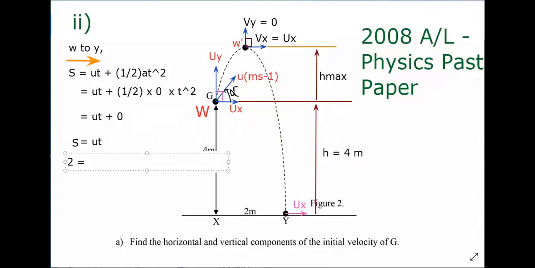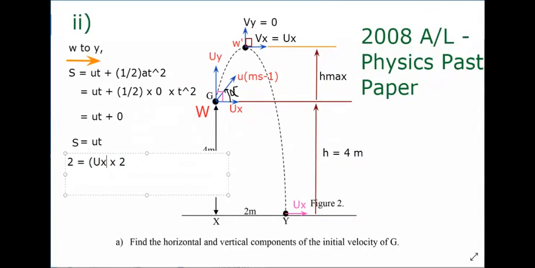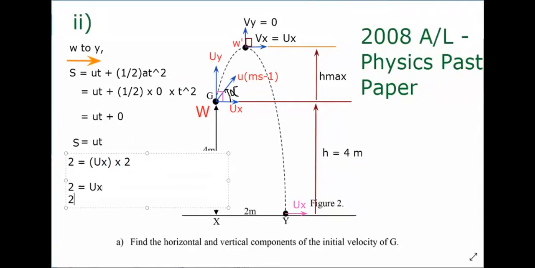The horizontal velocity component I have marked as ux. Time taken for the motion is given as 2 seconds. So if you take this 2 to the other side, it will be division: 2 divided by 2 equals ux. The 2 and 2 cancel out. You get the horizontal velocity component as 2 divided by 2, which is 1. Unit is meter per second. Do not forget to write the units. Complete, dear. Please complete this.